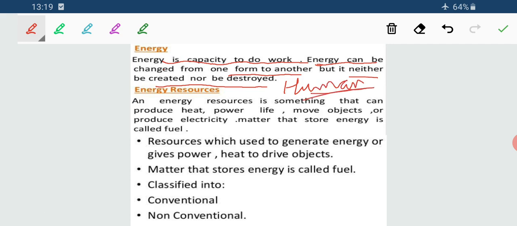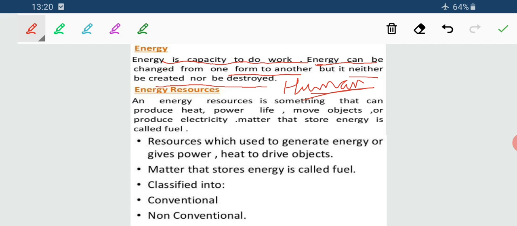We cannot destroy the energy that has already been created within our body. But when we talk about the energy resources, we are getting them from the resources present on the earth's surface or within the earth's surface, that we are extracting. If we are not properly utilizing it, that means we are destroying it.